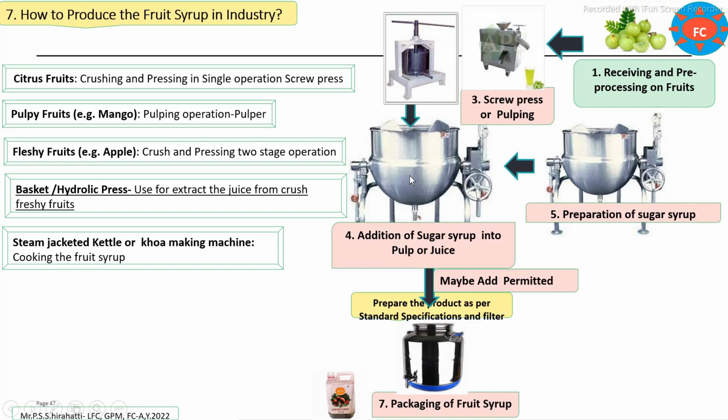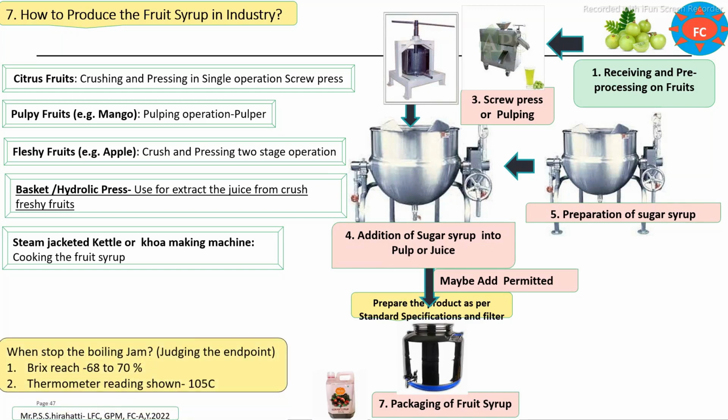The end point of the cooking is judged on the basis of brix or thermometer reading, in which the minimum requirement of brix is 68 to 70%, or the thermometer reading should show 105 to 108 degrees Celsius minimum.